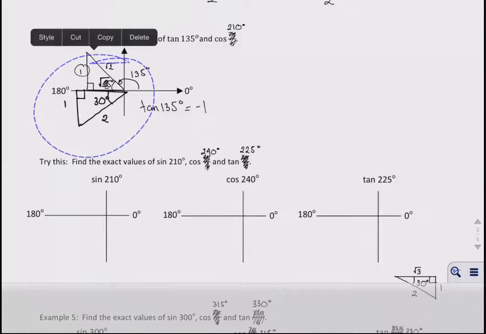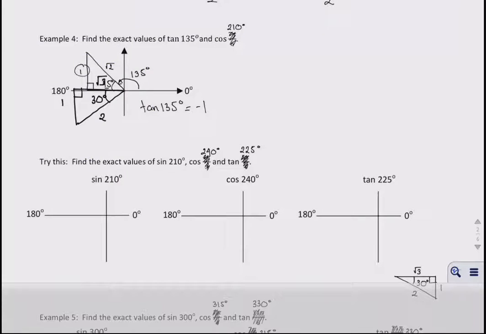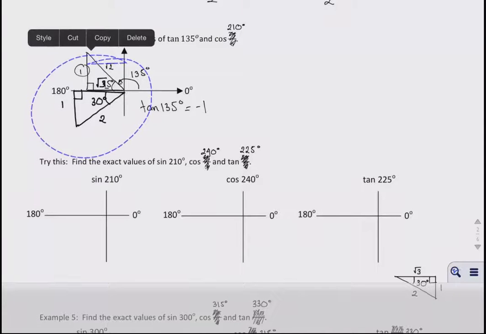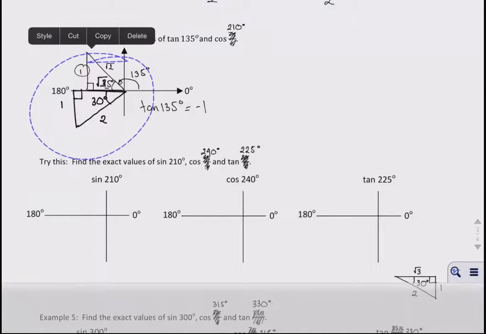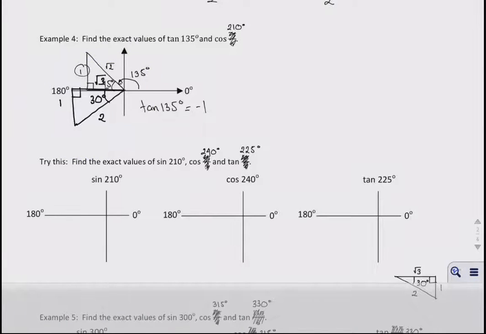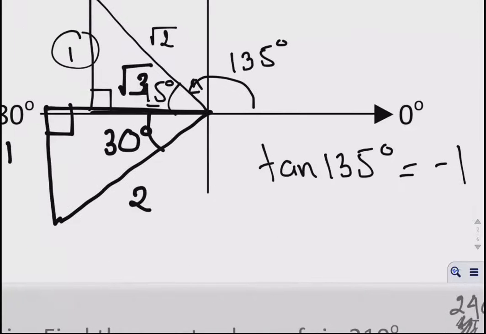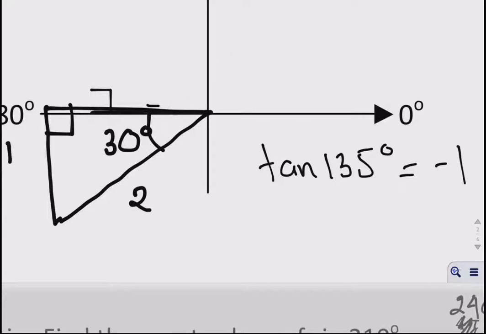Just straighten that out. Put it there. There we go. That's okay. Here I can see my angle of 210 degrees. Let me just get rid of all this. And it goes from here all the way around. And there is my 210 degrees.